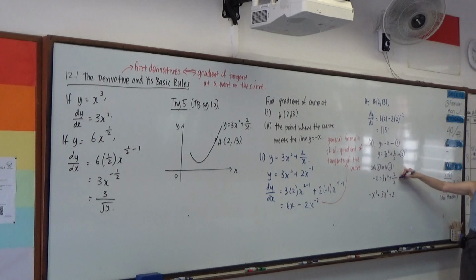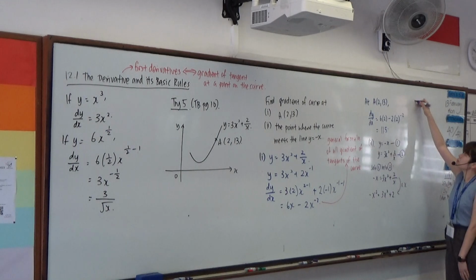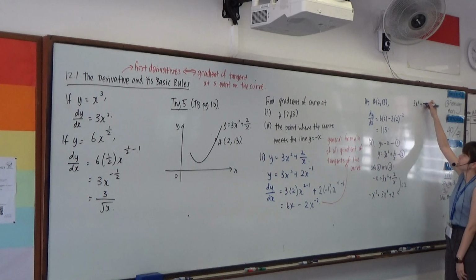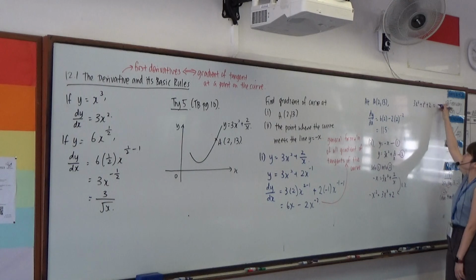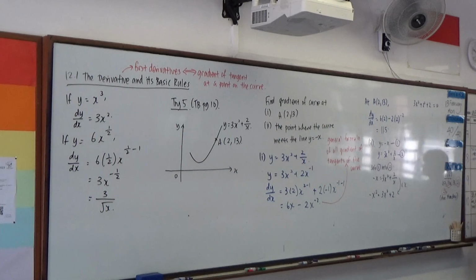The denominator here, by multiplying throughout by x. So we are solving 3x cubed plus x squared plus 2 equals 0.